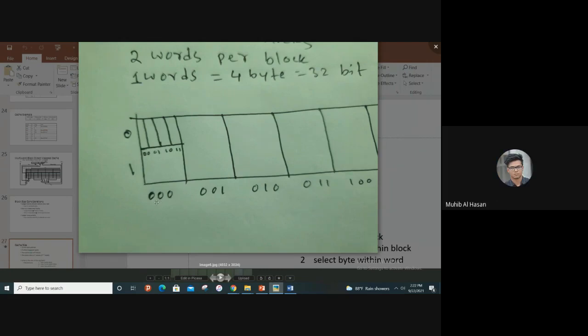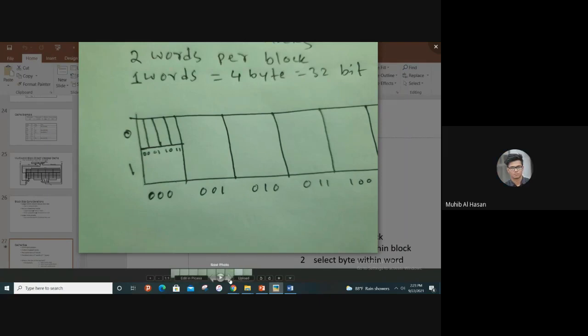Then to find out in that block, out of the 2 words, in which word it is, we have to use 1 more bit. Then out of that word there are 4 bytes, and to find which byte it is exactly, we need 2 more bits. So can I say we need 3 plus 1 plus 2 bits to find out which byte it is, right?